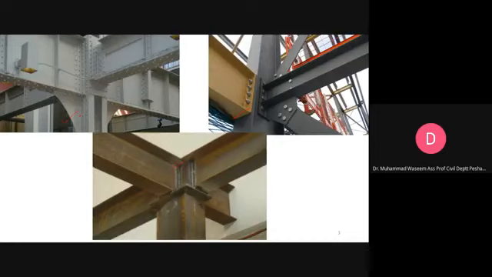You can see that there are different steel structure members which are joined together with the help of these fasteners. We know that in steel structures we have some definite shapes, hot rolled shapes. We design for these members, but the problem is how to connect them. So in order to connect them, we use these fasteners.